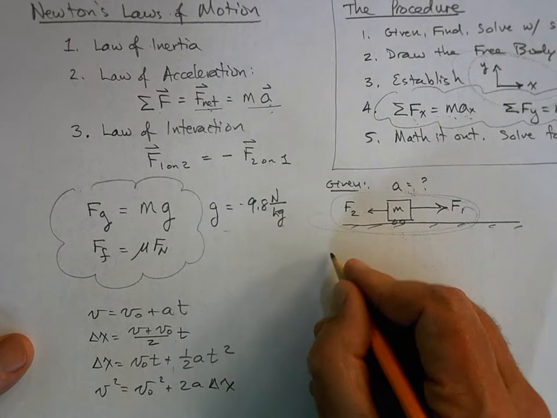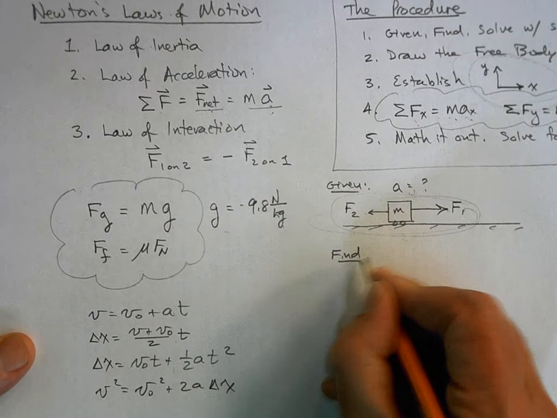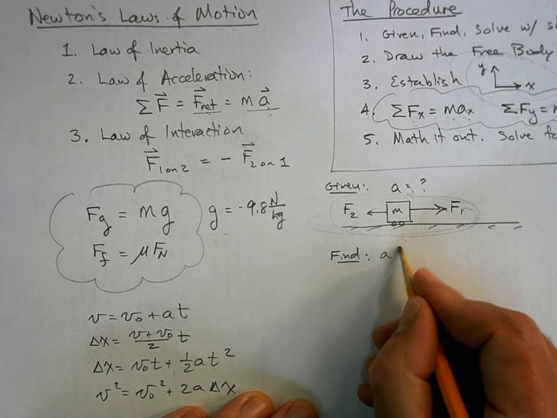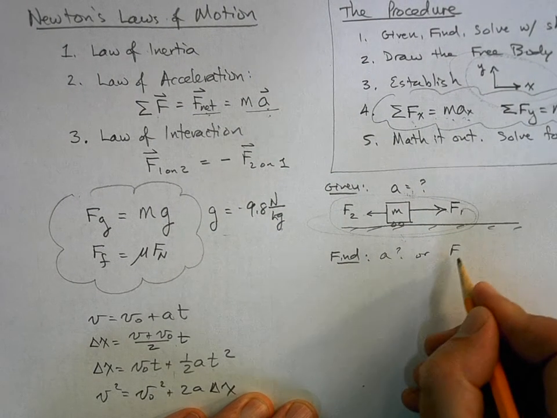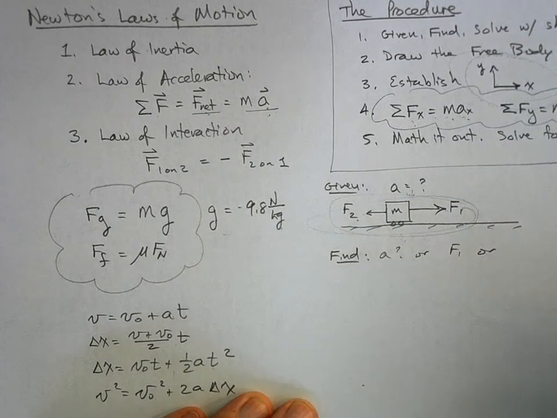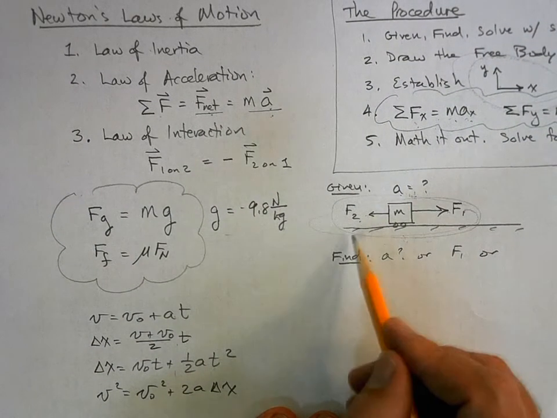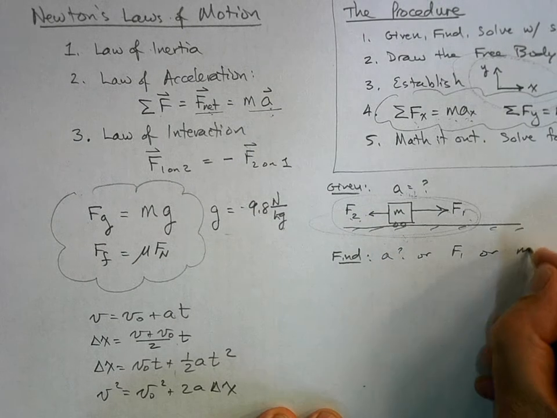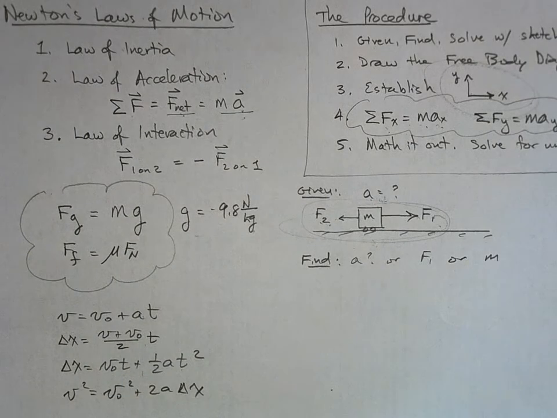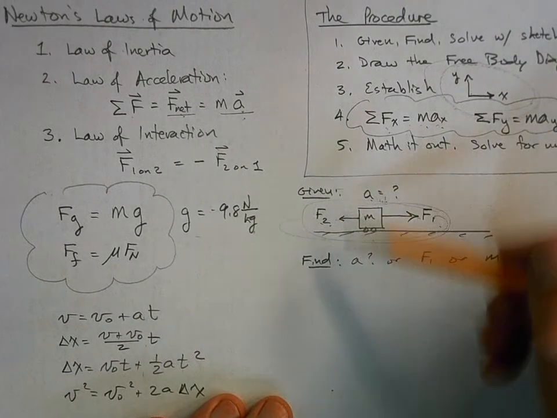Then I can find the acceleration. Or maybe I'll give you the acceleration and F2 and you have to find F1. Or some combination. Maybe I'll give you the acceleration, F2 and F1 and you have to figure out what the mass is. It doesn't really matter. You set up the problem the same way. Given, find, and then solve.